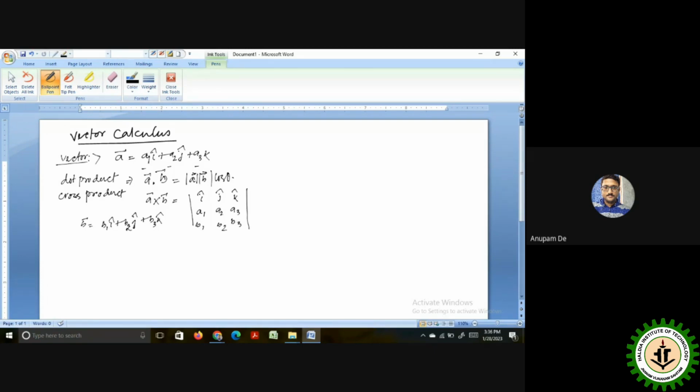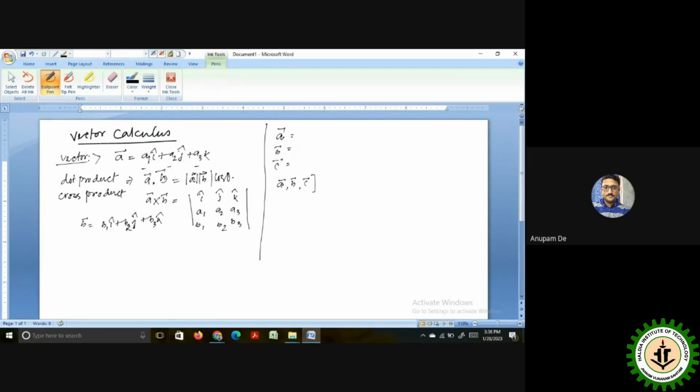We have also learned the triple product of vectors, right? What is the triple product of vectors? If we have three vectors a, b, and c, then we have two different types of triple product. One is the scalar triple product, that is [a, b, c].